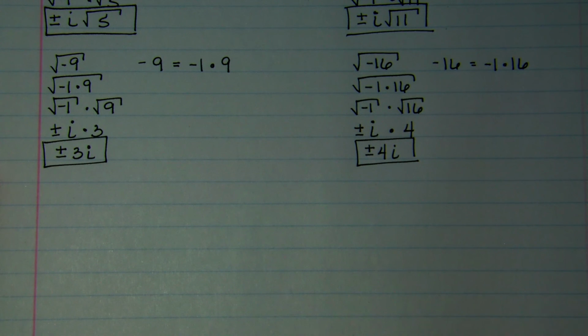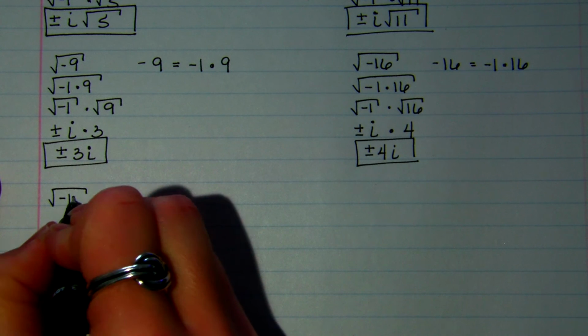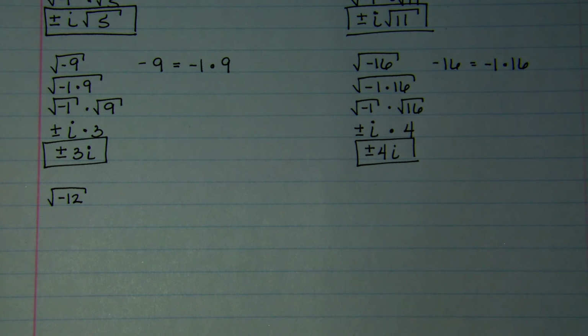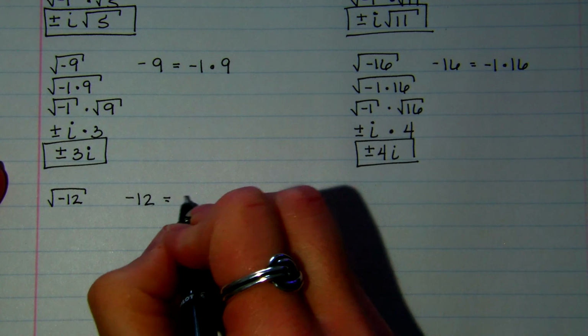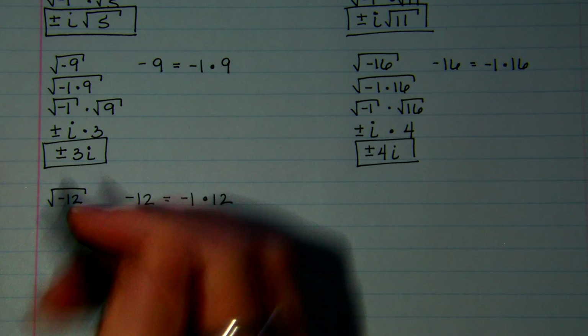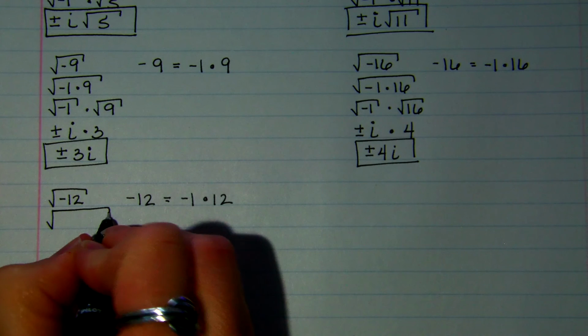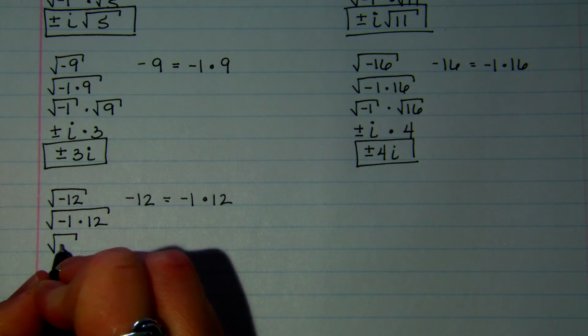All right. Let's look at the square root of negative 12. And so I can say, all right, I know negative 12 is the product of negative 1 and 12. And so I can write this as the square root of negative 1 times 12 and break that apart.